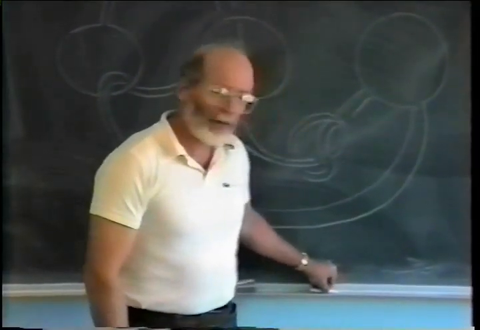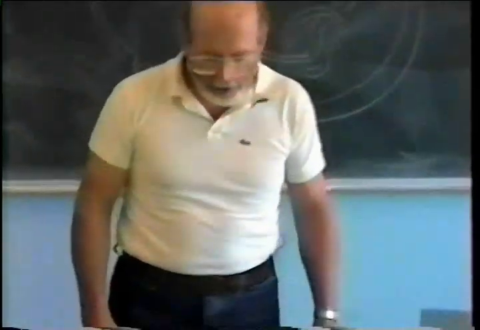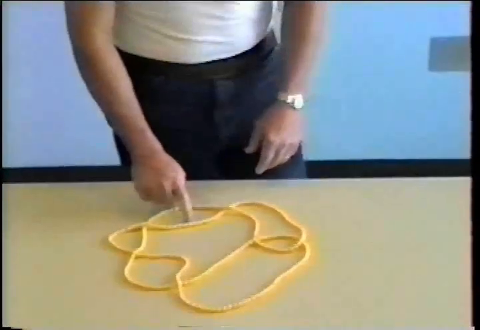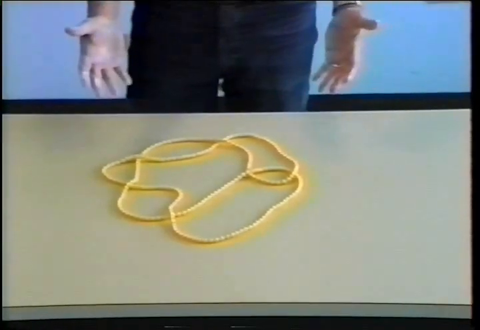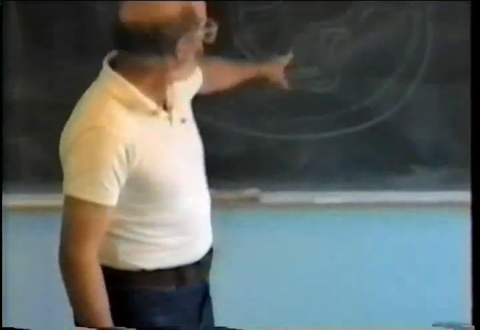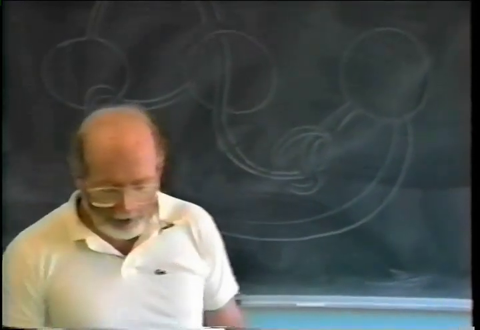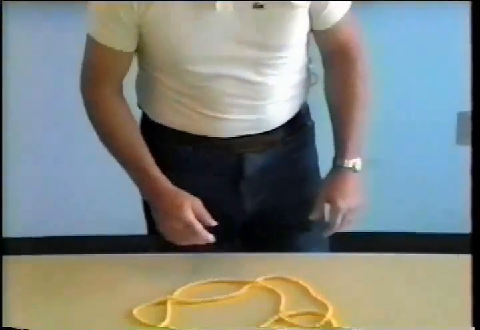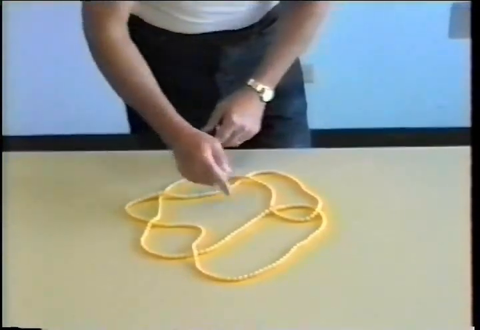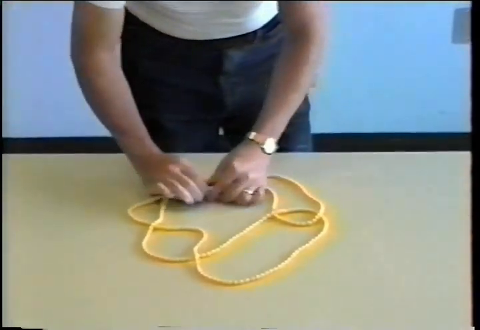The simplest example of a ribbon knot is the stevedore's knot, which is made here in the table out of pop beads. The problem is that when you see a knot before you and it's not drawn in this way, then you don't know where the ribbons are that need to be cut. From long experience, one has discovered that we should cut here and here.